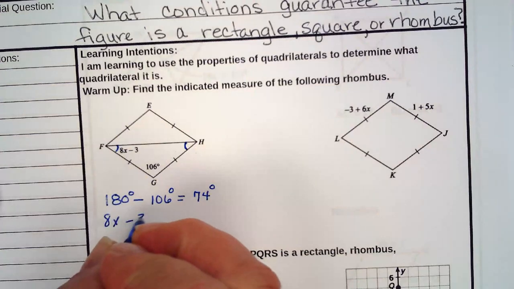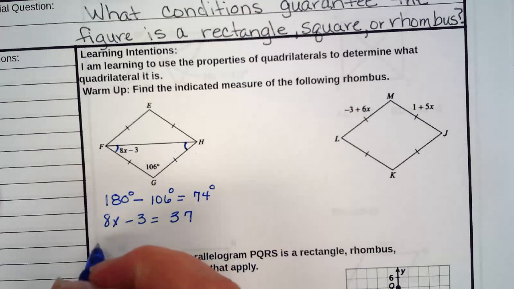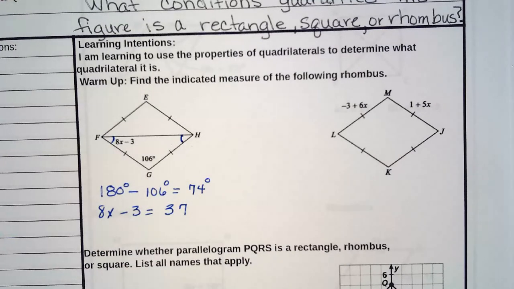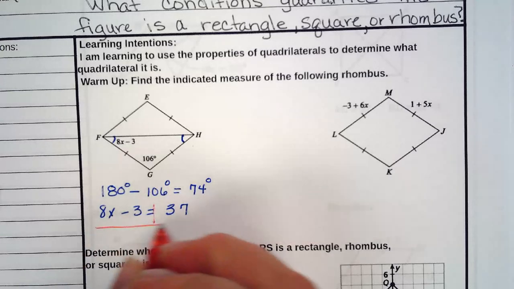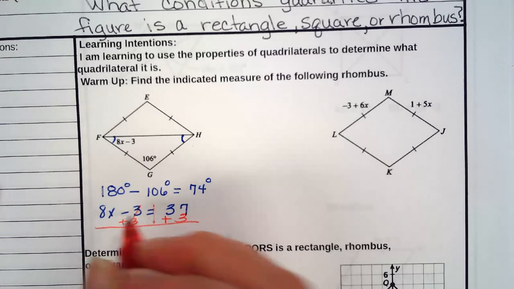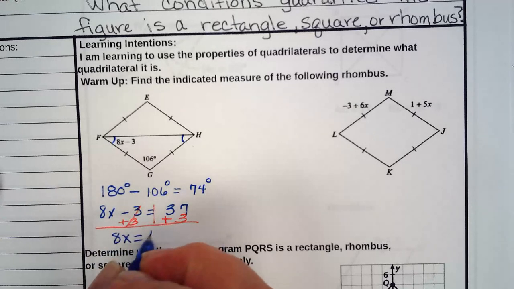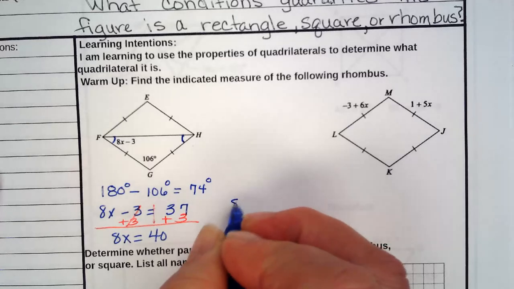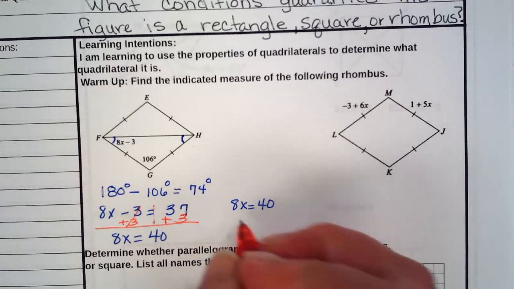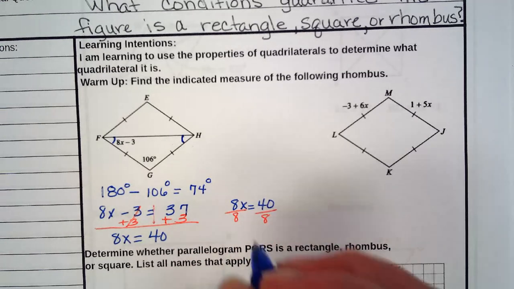8x minus 3 is equal to 37. Add 3 to both sides. 8x is equal to 40. Divide both sides by 8, and x is equal to 5.